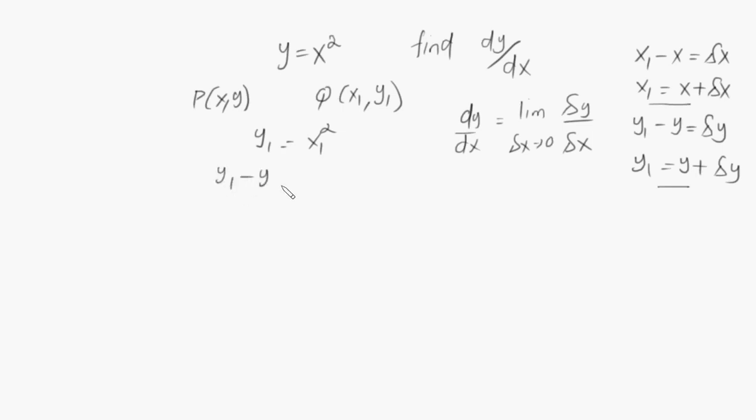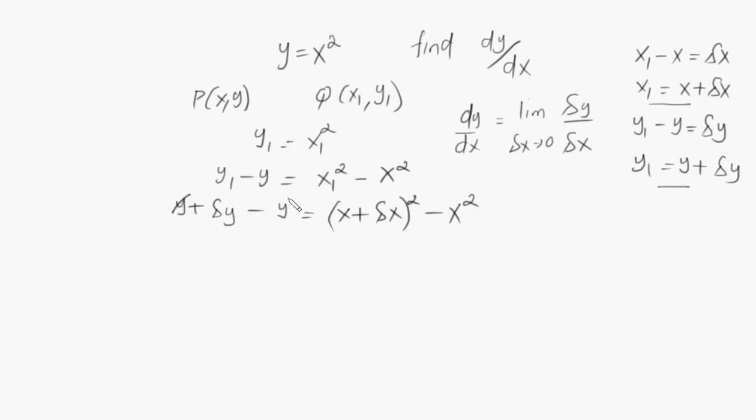So change in y, y1 minus y, ni sawa na x1 squared minus x squared, kwa sababu y ni x squared. Sasa follow along this algebra, tutafika somewhere. Hapa kuna algebra nitasolve, zitanifikisha mpaka hapa ninapotaka. y1 nimesema ni hii hapa, y plus delta y kwa minus y, na x1 nimesema ni hii hapa, x plus delta x kwa maana yake ni squared minus x squared.